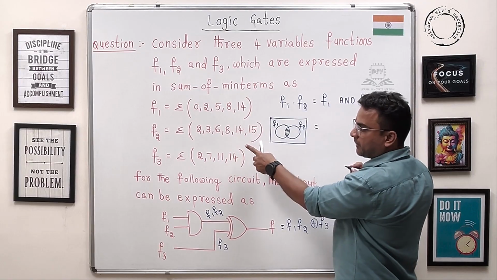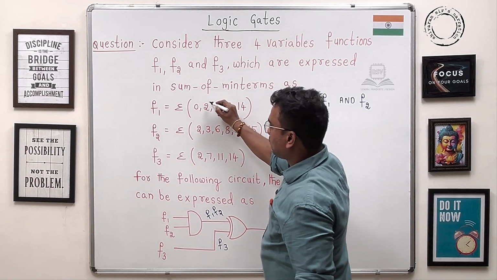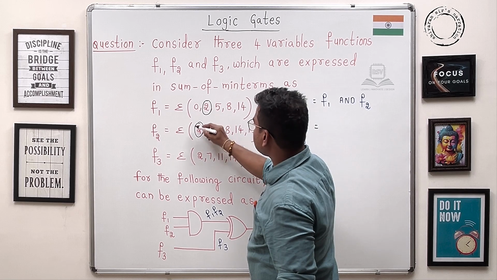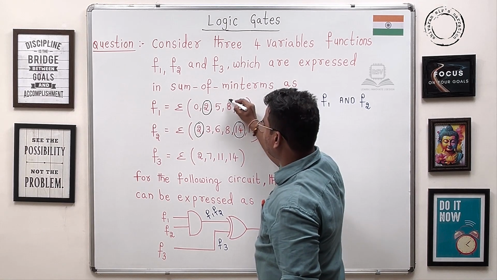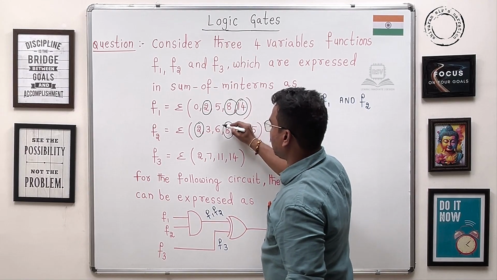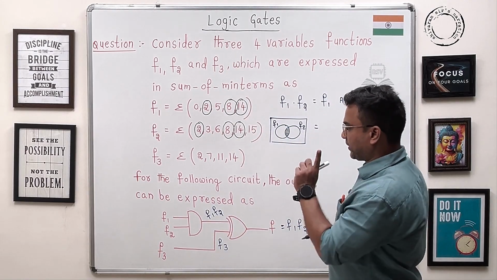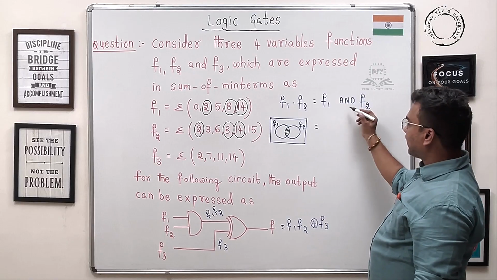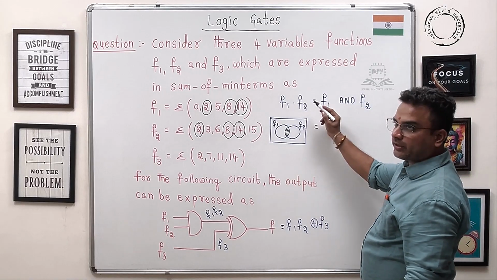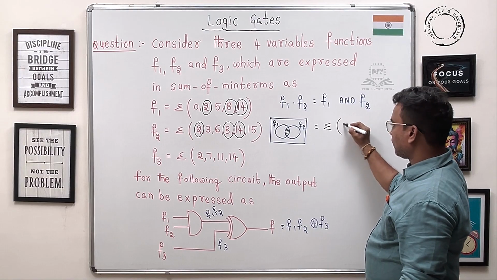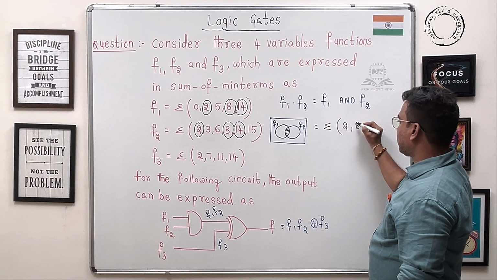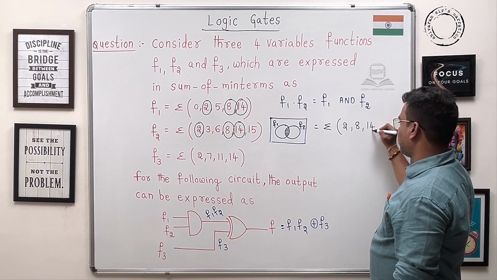What are the common minterms here? 2, 14, isn't it? Of course, 8 as well. 2, 8, 14. Hence, F1 and F2, which is F1 into F2, is sigma of 2, 8, 14.